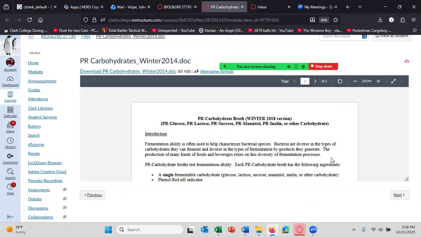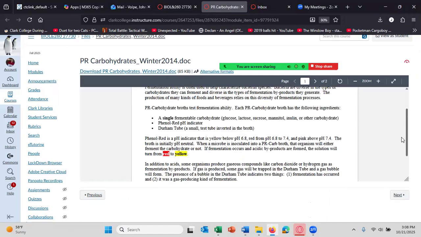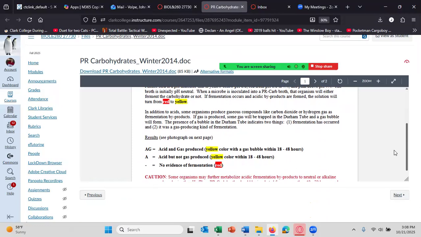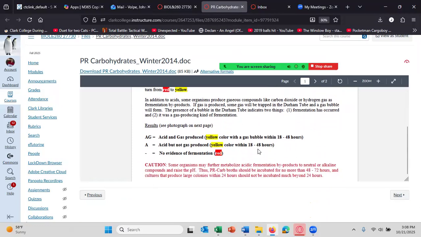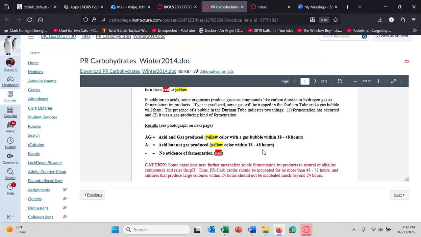The PR carbohydrate broth test incubates for 18 to 48 hours, and so you will not get your results once you request the test for at least 18 hours to 48 hours. And also, I may not be checking the unknown notes pages every day. I will check them about every other day for sure. And oftentimes I'll check it every day of the week, but I will not check them at all on Sunday.